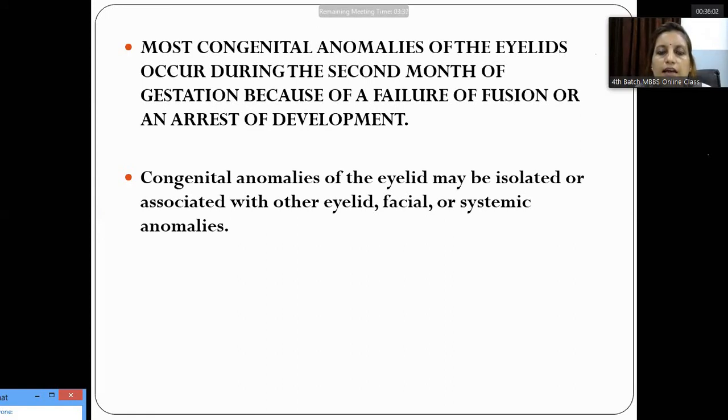Congenital anomalies of the eyelid may be isolated, that is, only in the eyelid, or associated with other eyelid, facial or systemic anomalies. You can see them with other ocular structure anomalies, or with face or other systemic anomalies also. So if there is one congenital anomaly in a patient, you should check whether there are other congenital anomalies.